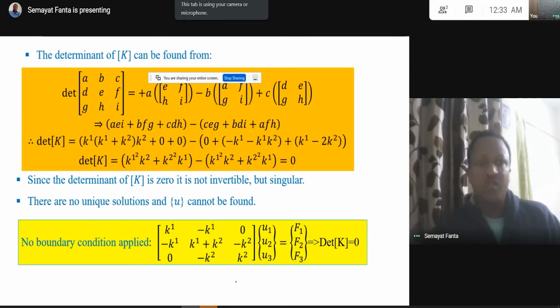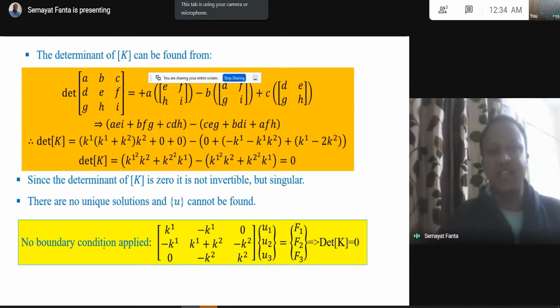In order to find the determinant, we must know the mathematical concept of finding a determinant. For a 3 by 3 matrix, we can easily find the determinant, but if the matrix size is higher, then finding the determinant is difficult.